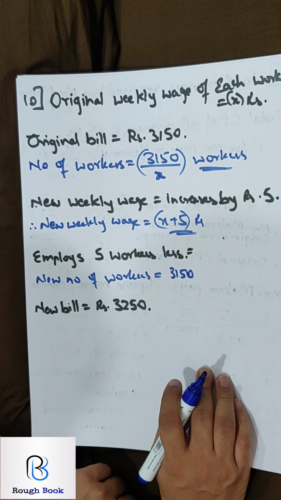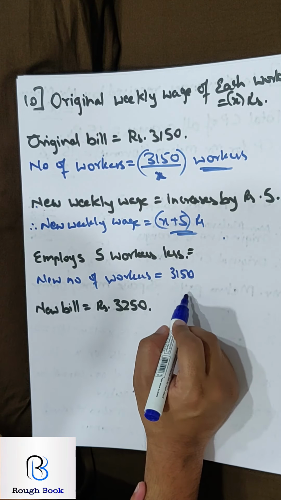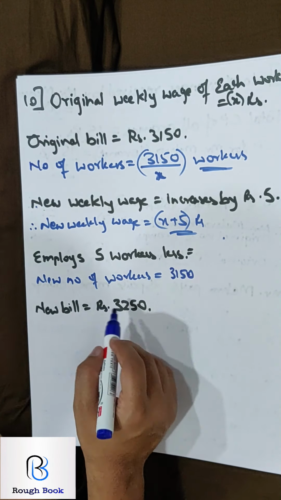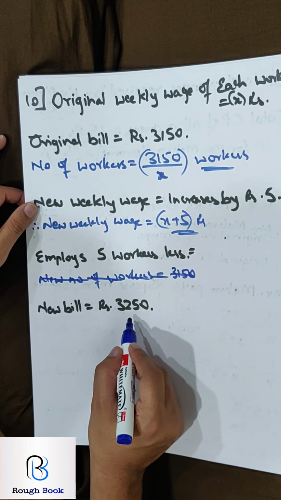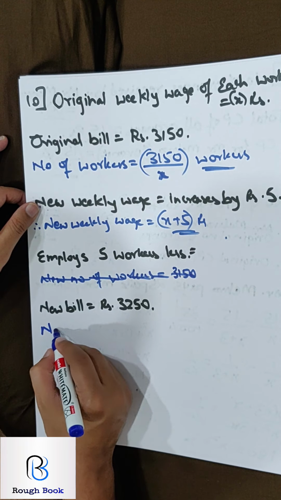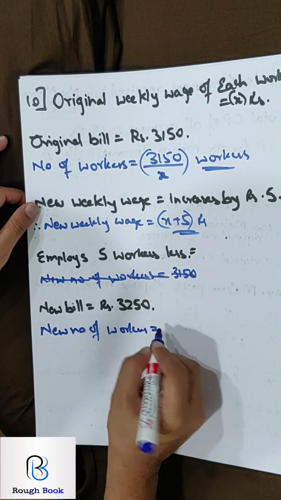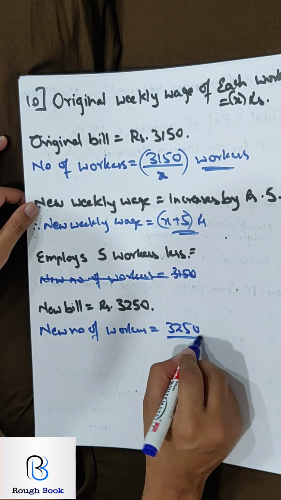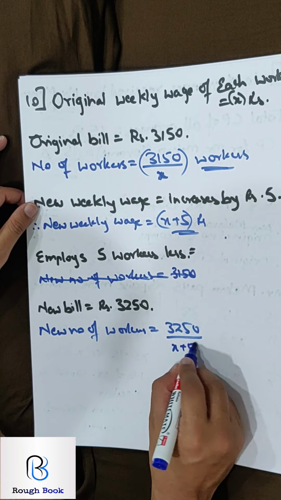This is one way of doing it, or we can do it the other way also. One way is you take this upon whatever and then you subtract, or else hold this part. Here we'll create the equation and we'll use this part. New bill is 3250, therefore what will be the new number of workers? 3250, the bill, divided by the weekly wage of each worker.